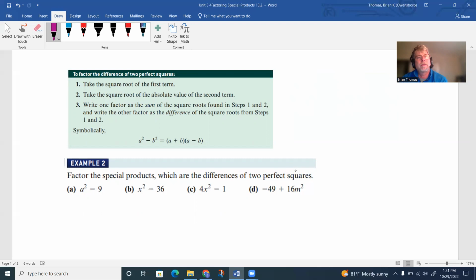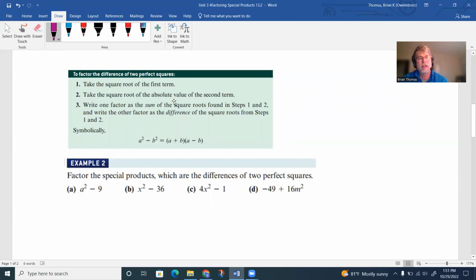If that holds true, then we're good. Then we write one factor as a sum of square roots, and we write the other as a difference of square roots. What that means is one of them has a plus between the two terms, and one has a minus between the two terms. Sometimes they overcomplicate things with some of their vocabulary.